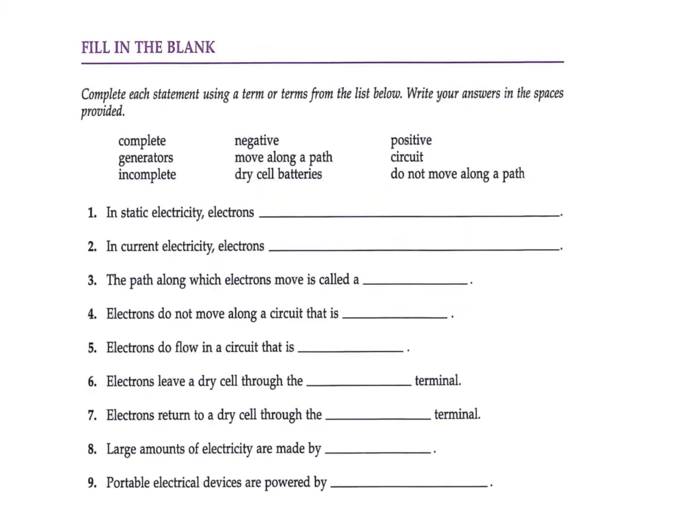Now let's take up this fill in the blanks. In static electricity, electrons do not move along the path. That's what static means. Static means they do not move along a path, like lightning.